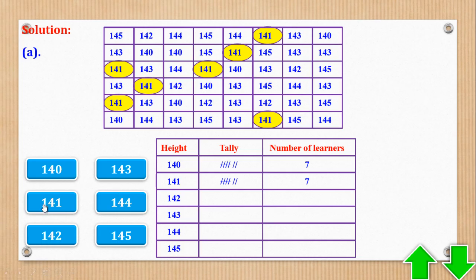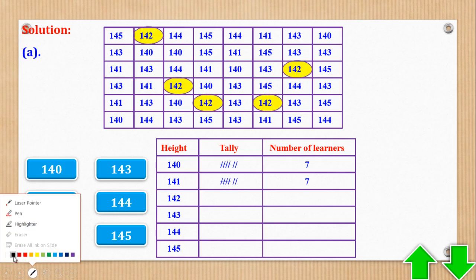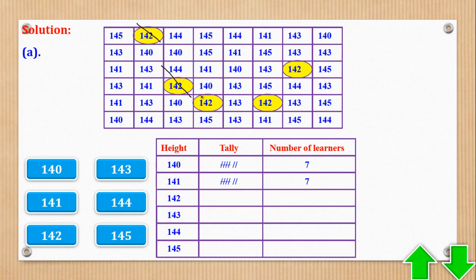Then for 142, 1, 2, 3, 4, 5. So we shall put a tally of 5. Then for 143, 1, 2, 3, 4, 5, 6, 7, 8, 9, 10, 11, 12, 13, 14.